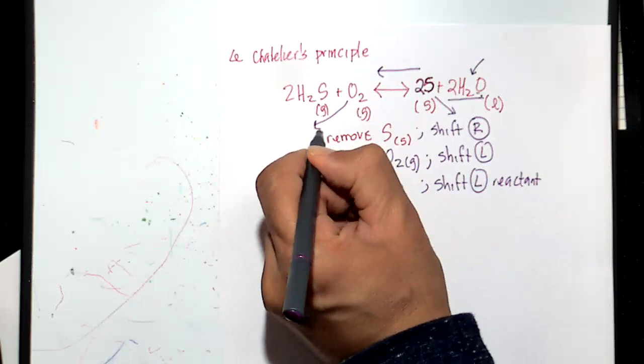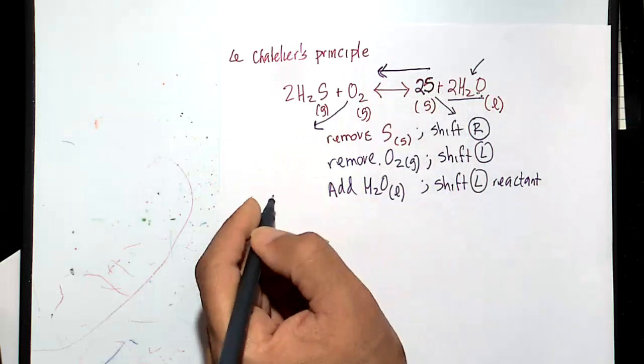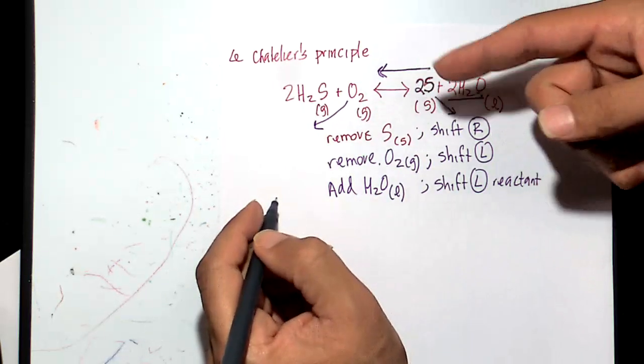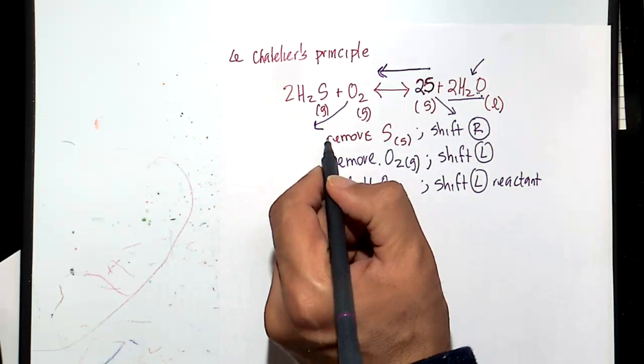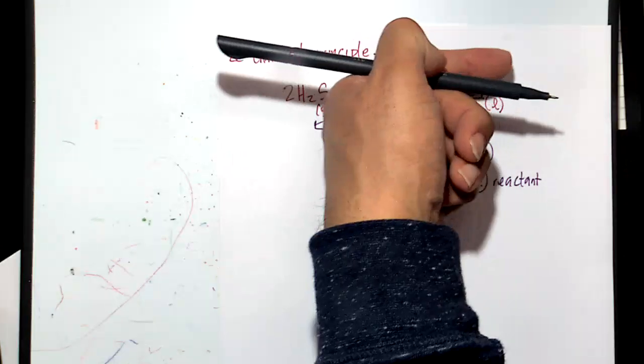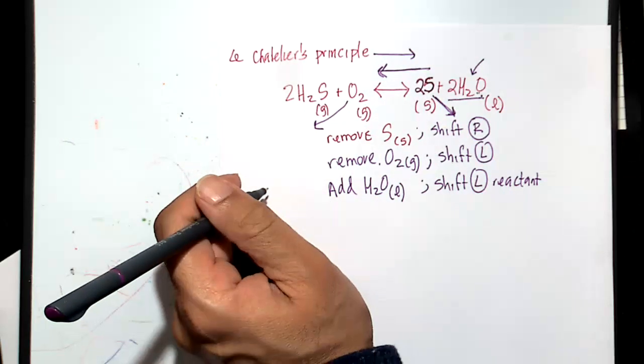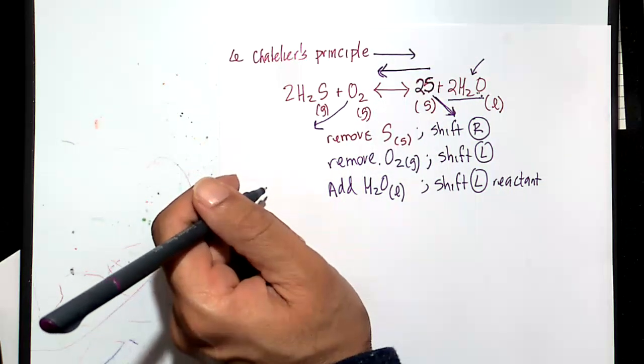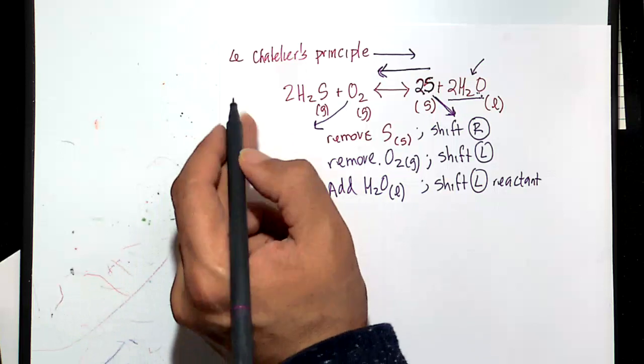If you remove O2, the reaction will shift this way to add the O2 that was removed. If you remove sulfur, the reaction will shift this way to add the S that you removed. So it does the opposite, it offsets.